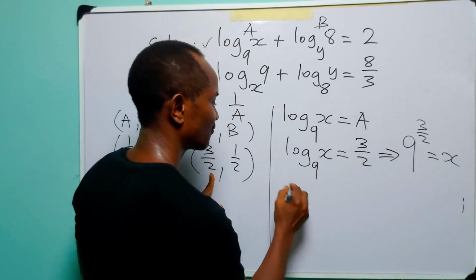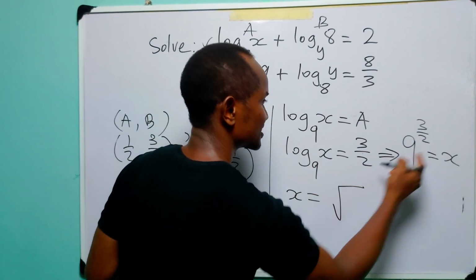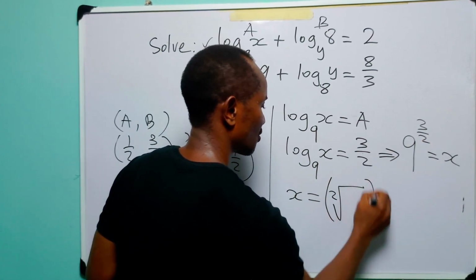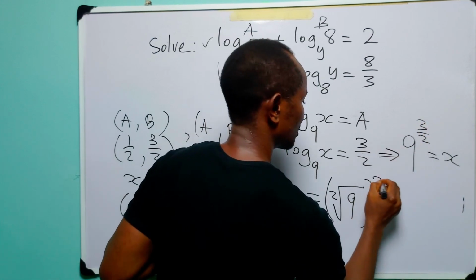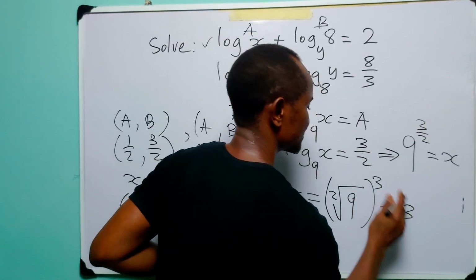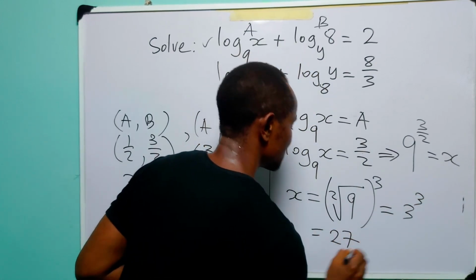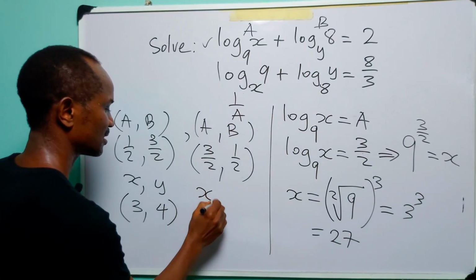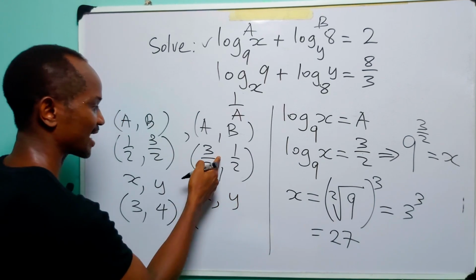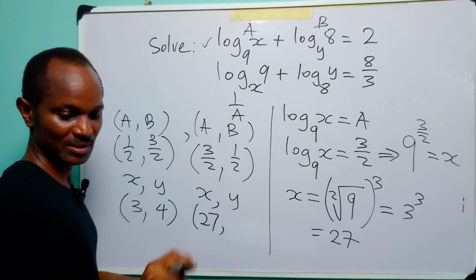Writing this in radical form, we have that x is equal to the square root of 9 cubed. Now the square root of 9 is 3, and 3 raised to power 3 is equal to 27. So here we have that the value of x when a is 3 over 2 is 27.